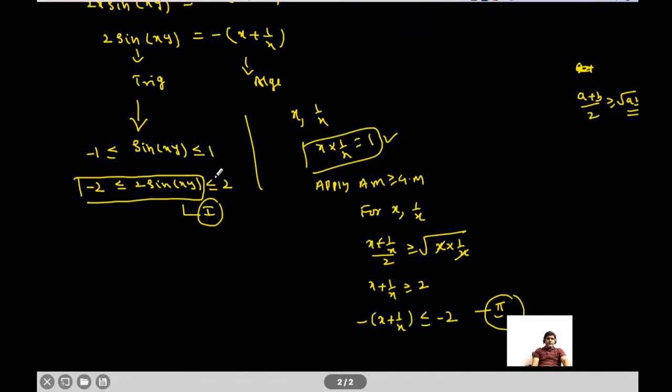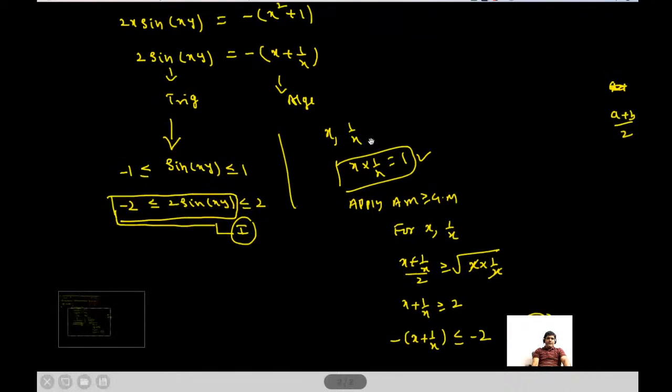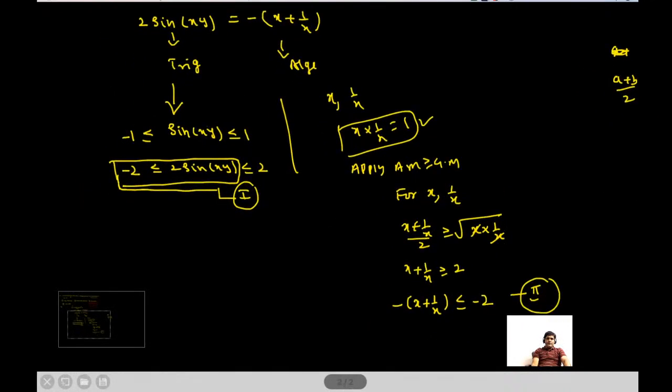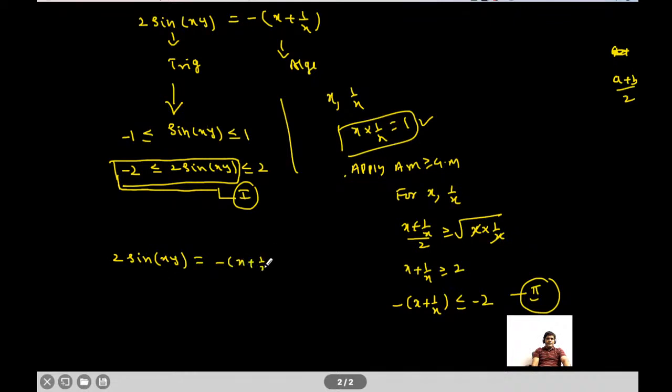We are considering this equation, 2 sin xy equal to minus of x plus 1 by x.